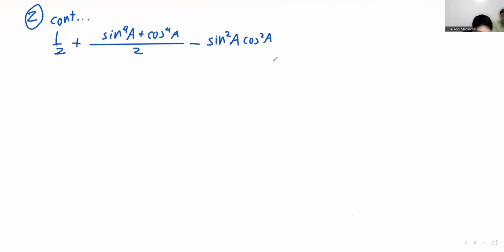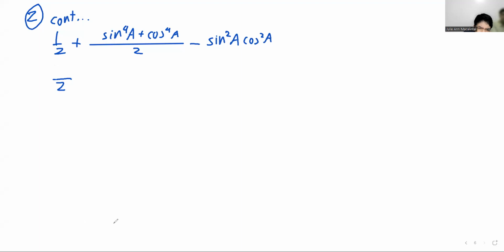Okay. So it seems like we have all what we need, but it's still locked. This is where we need some enlightenment. Many will see the sine squared a and cosine squared a and just expand the one into sine squared a plus cosine squared a.